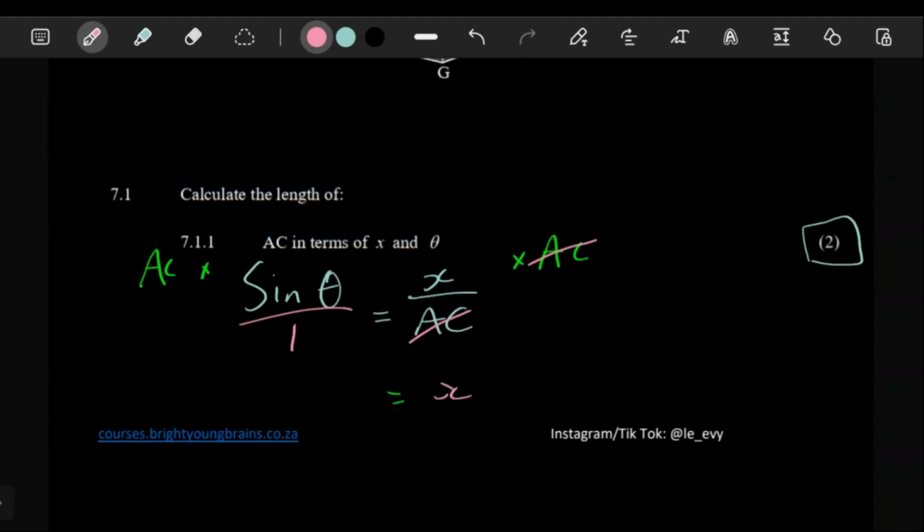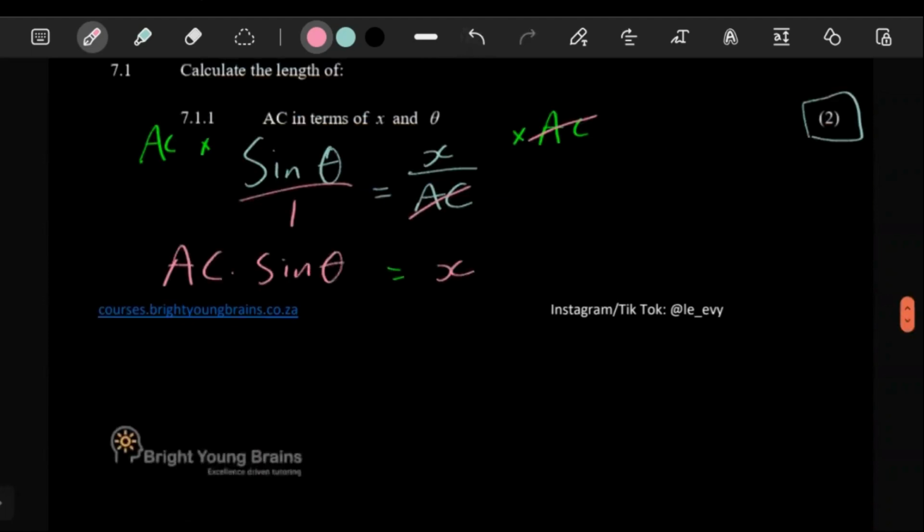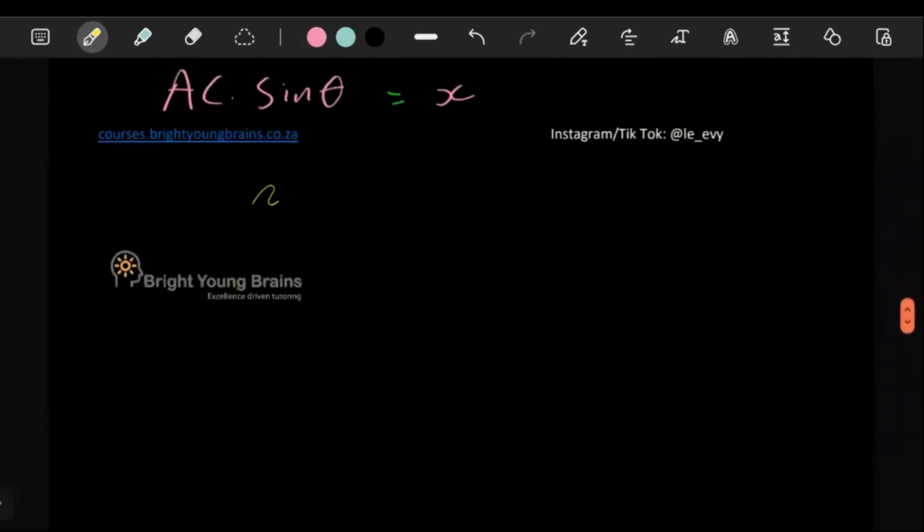You have x is AC times sine theta. So here you're going to divide by sine theta on both sides. Then you're going to have AC is equal to x over sine theta.